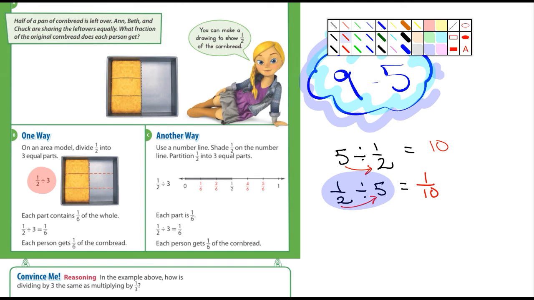What would you do? It's going to be 2 times 3, which is 6. But think about it, it's going to be a much smaller piece because we're dividing a half, a fraction, by a whole number. So the answer is 1/6. You just multiply 2 times 3, and the answer is 1/6, and they show you that there.